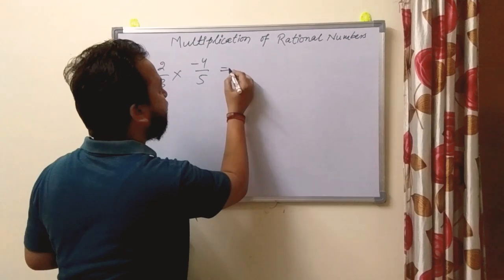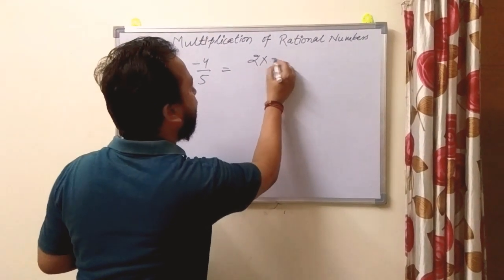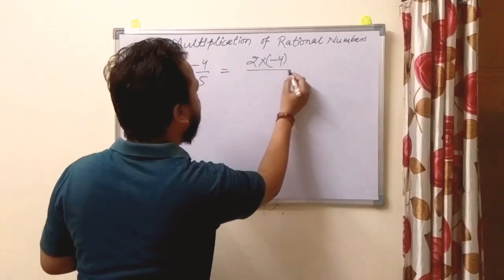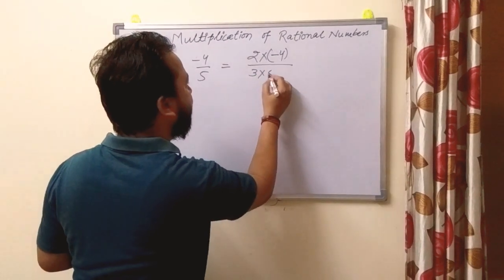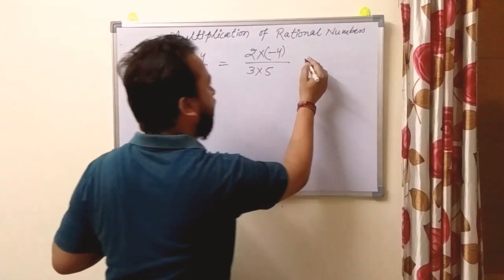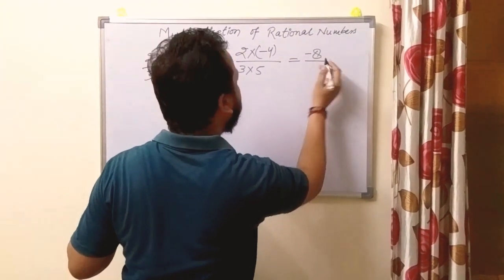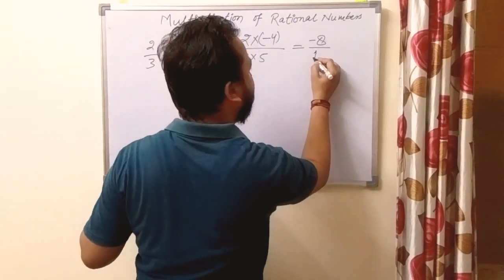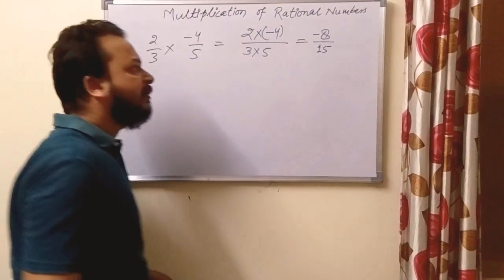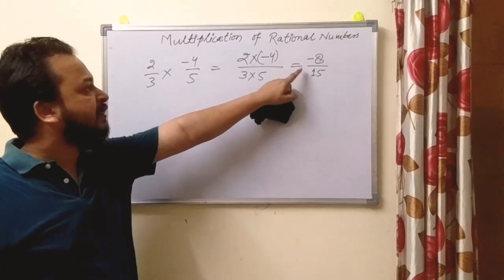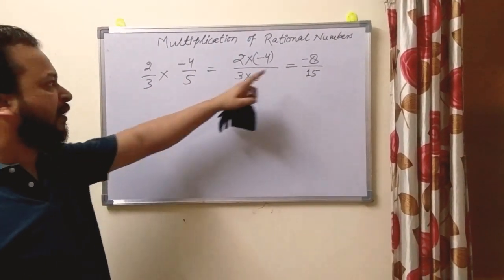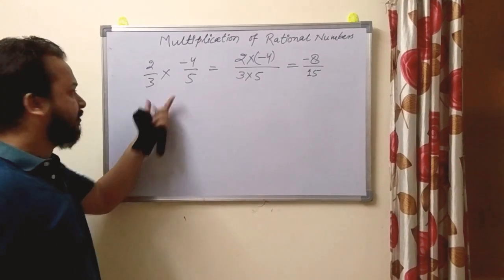So the product is given by 2 multiplied by minus 4 divided by 3 multiplied by 5. 4 2s are 8, minus sign, 3 5s are 15. Right? So this is the product or multiplication of two rational numbers.